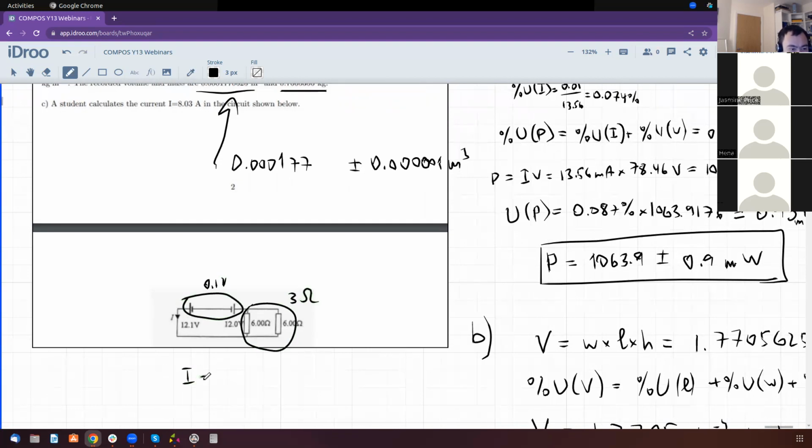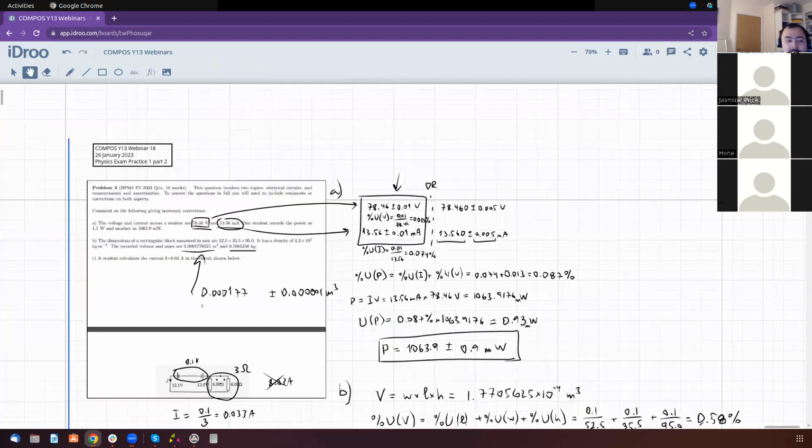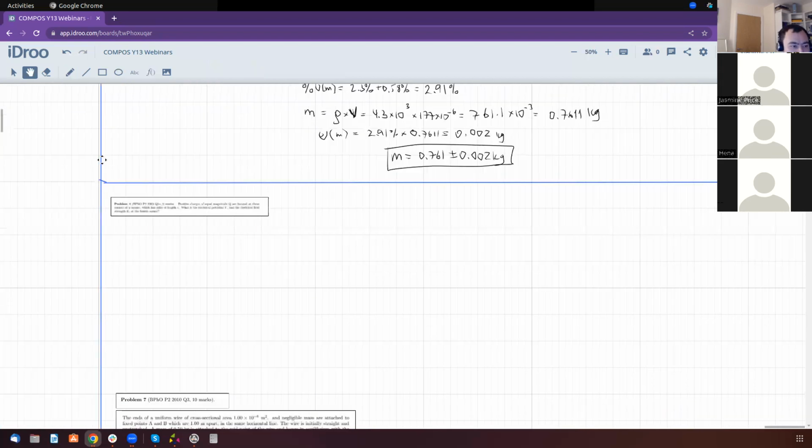So the current will be 0.1 divided by 3, which is going to be 0.033 amps. So it cannot be 8.3 amps. And then you do the uncertainties. Okay, moving on to the next question.